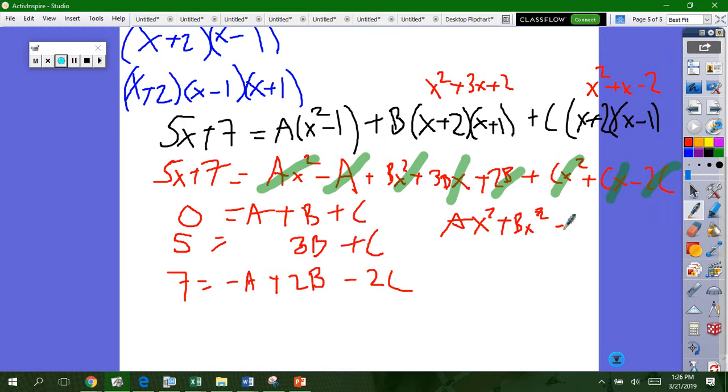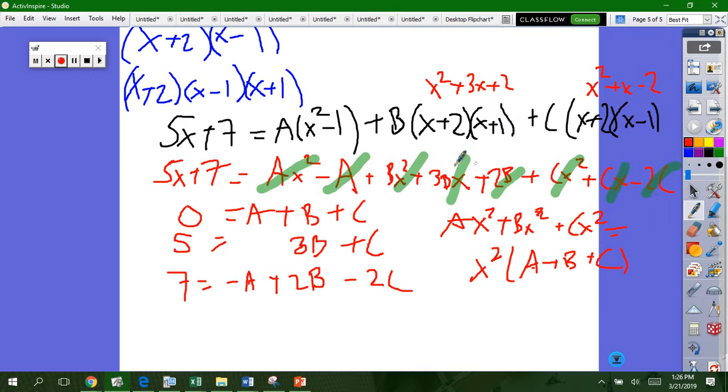So if I pull out that x squared, then I'm left with a plus b plus c. Right? So who on this side has the x squared? Because shouldn't a plus b plus c equal the thing over there? Which I don't have one, hence why it's equal to 0.